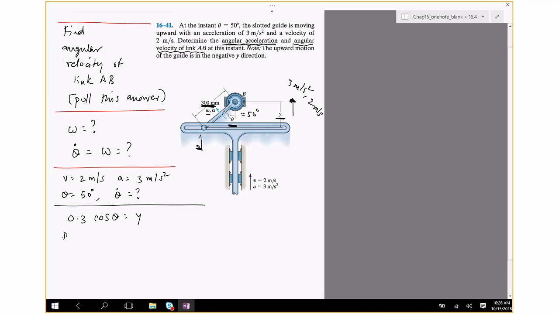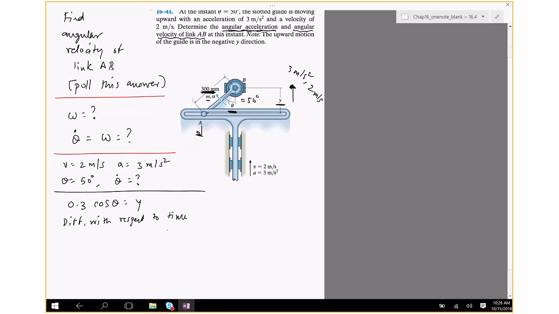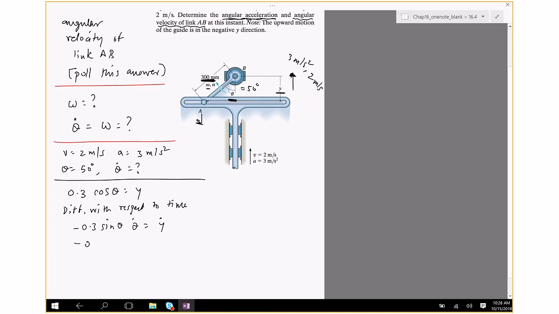So differentiate with respect to time: minus 0.3 sine theta theta dot equals y dot. Sine of 50 degrees, theta dot is the unknown, y dot is equal to v, so it's 2.